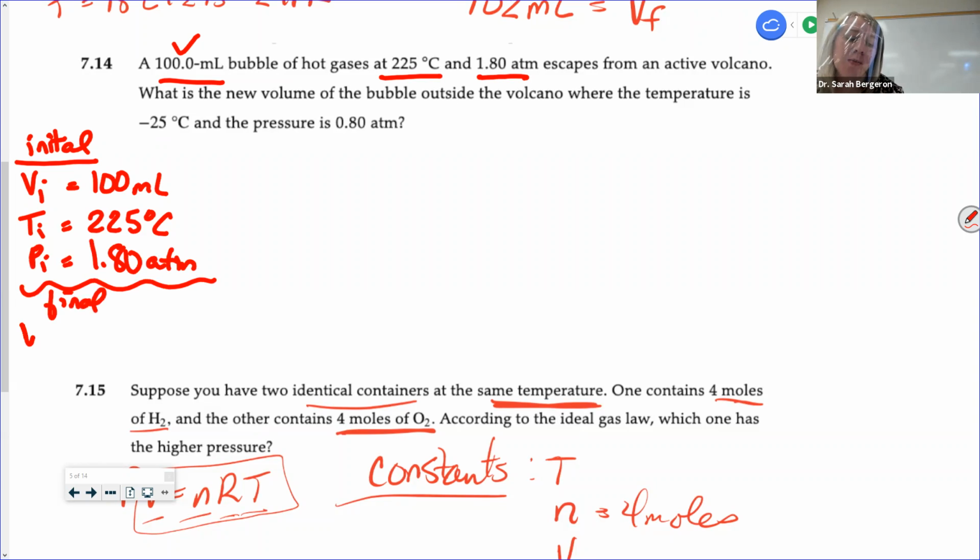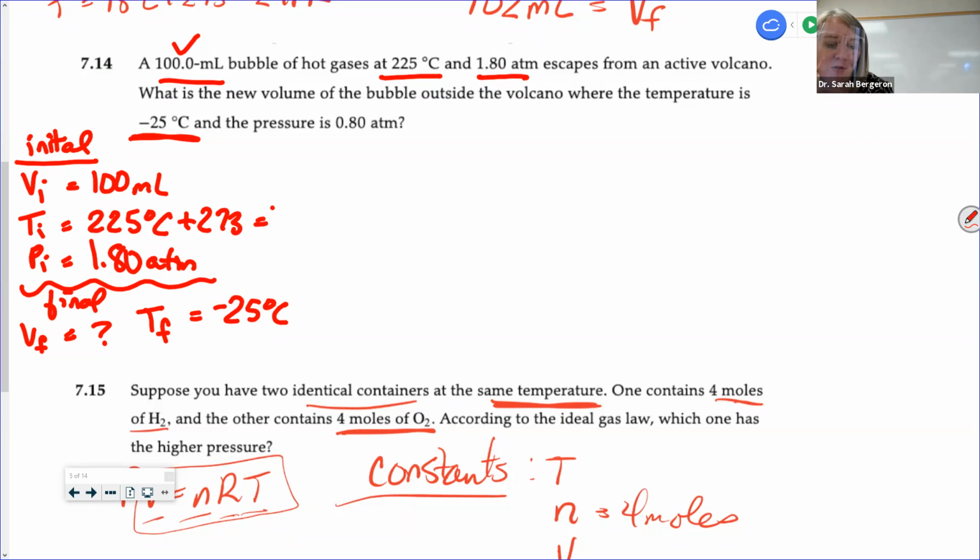Okay, what do I know about my final conditions? Do I know my volume final? Oh, no, we don't. Okay, do I know my temperature final? Yes, right here, minus 25 degrees Celsius. But what do we know about Celsius? Can we use Celsius to do the math? No, let's convert it. So let's convert both of these. Plus 273, what do we get? Should be 498, is that right?